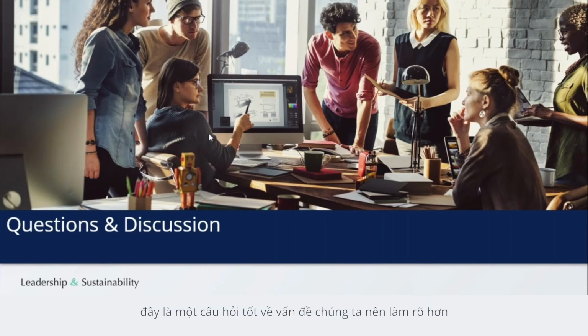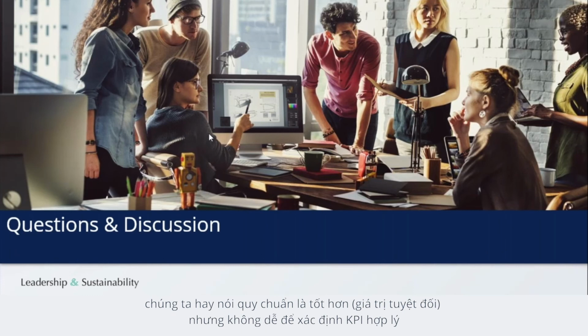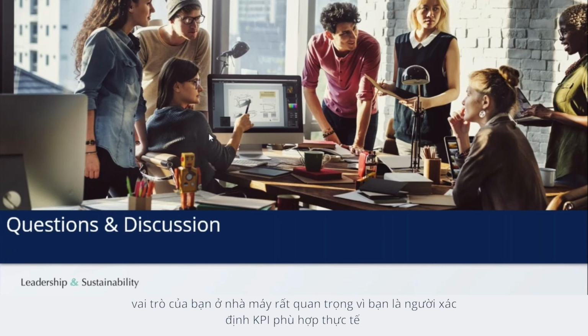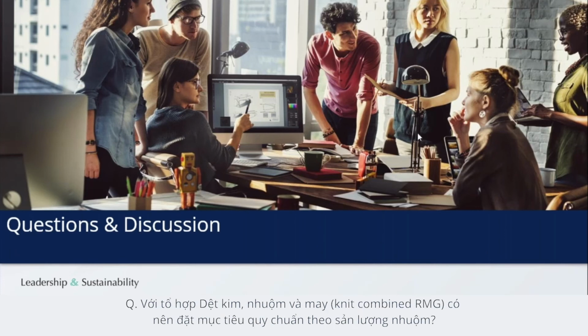So that's a good question, and this is also something that needs to be clarified. So we say that often a normalized value is better, but it is also not so easy to find and calculate the right KPI. And you as a factory, you need to evaluate what is the best KPI for your purpose. For a knit composite RMG, is it appropriate to calculate target based on dyeing production?